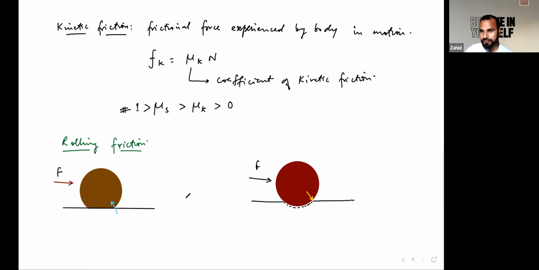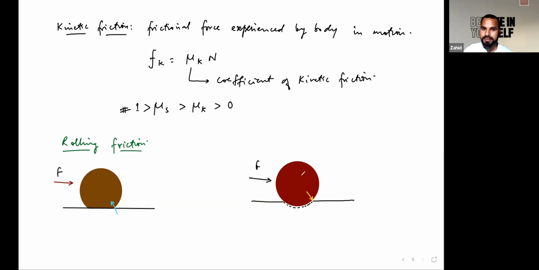Some amount of force must be experienced by the wheel at this instant from the surface to get deformed by this amount. This force acts opposite to the external force and decreases it by a small amount.